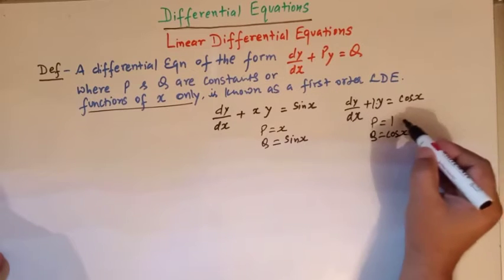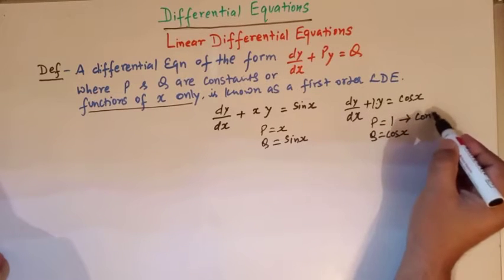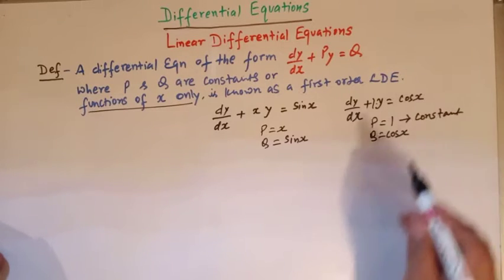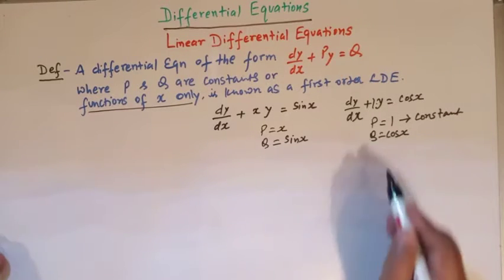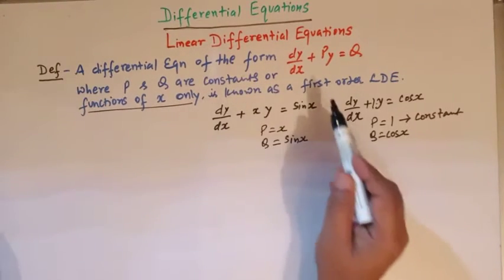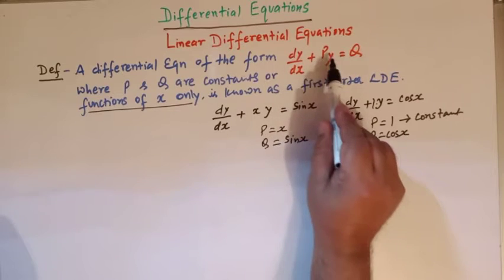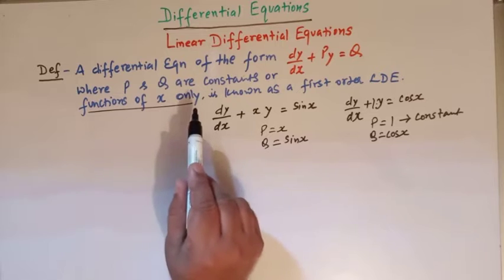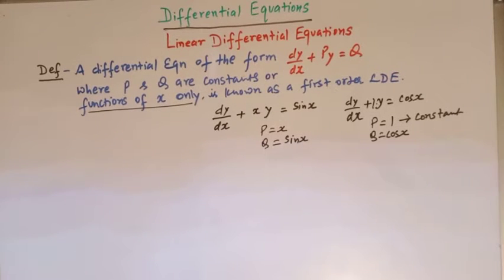Now here p is a constant and cos x is a function of x only. Clear? So a differential equation of the form dy over dx plus py is equal to q, where p and q are constants or functions of x only, is known as a first order linear differential equation. Clear?